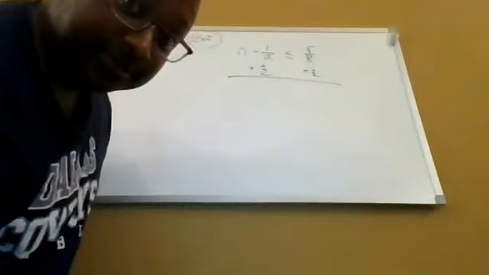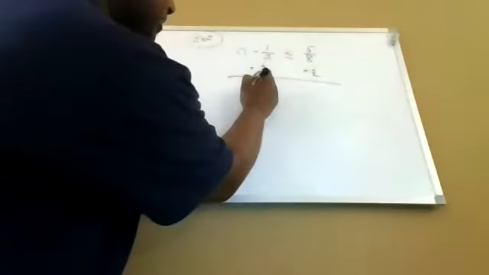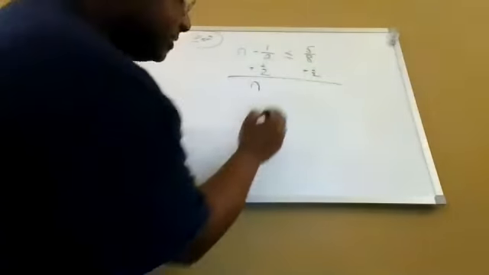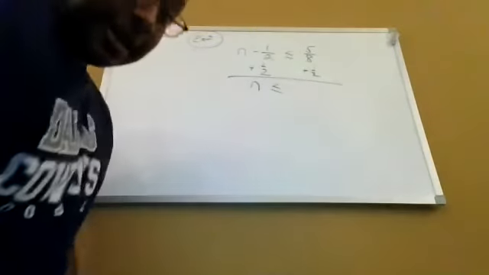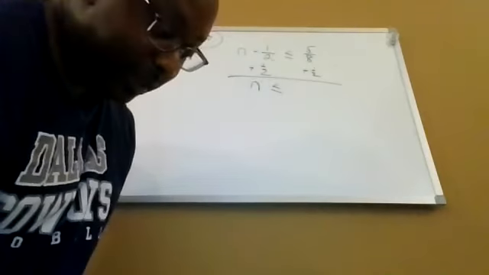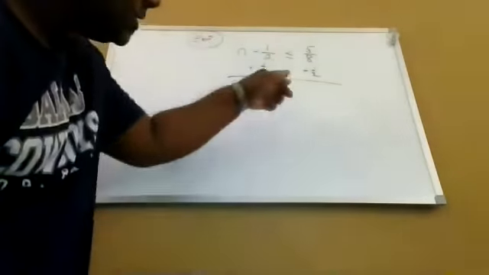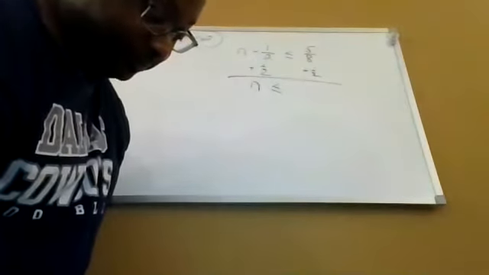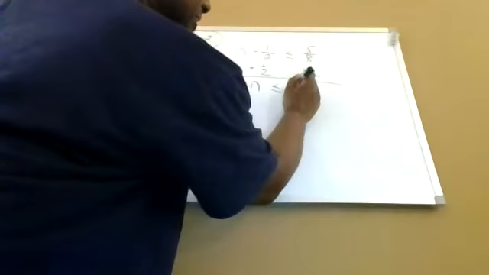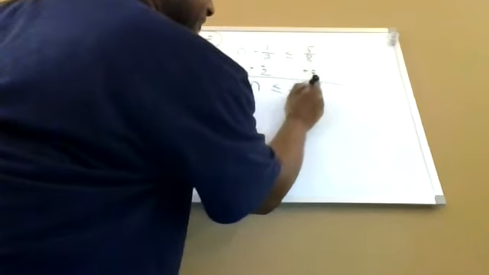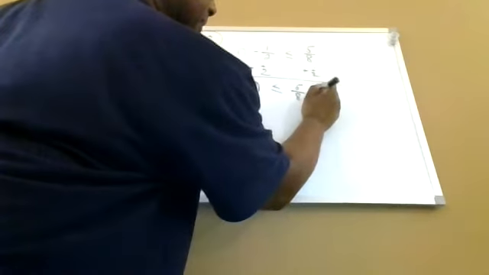And when I do that, I end up with n is less than or equal to, remember how we added fractions with different denominators? So on the right-hand side, 5/8 plus 1/2.